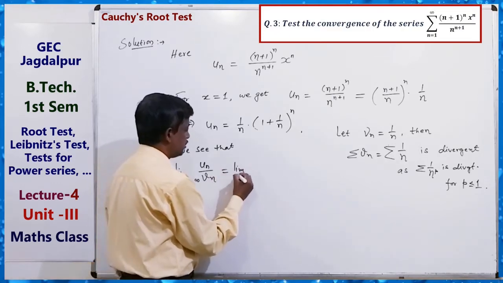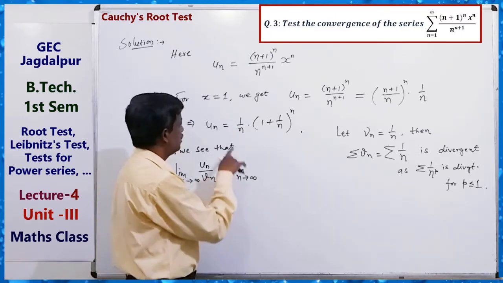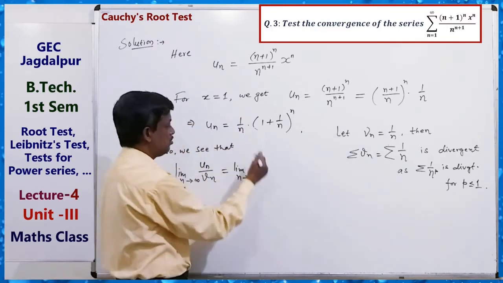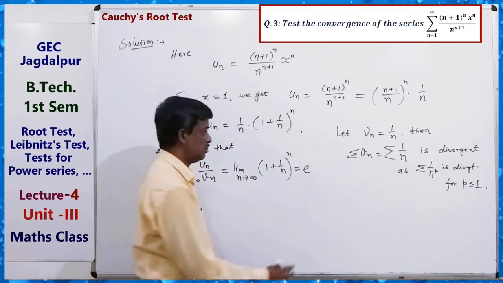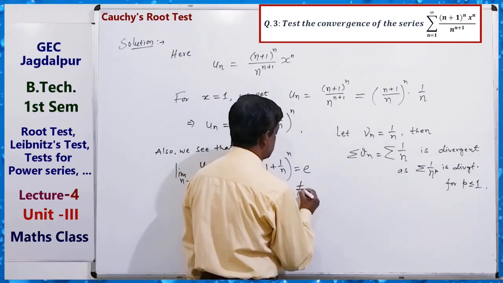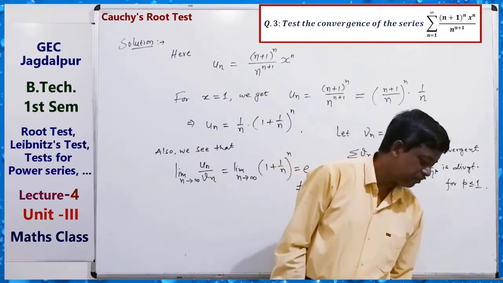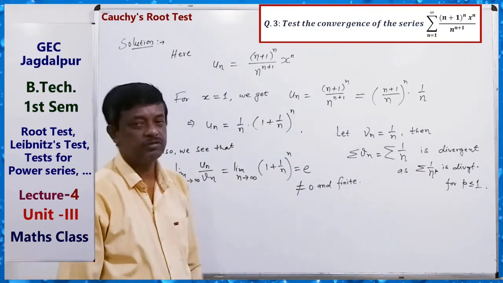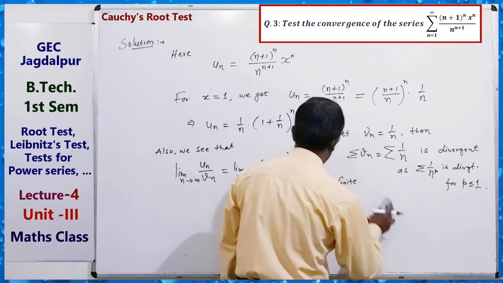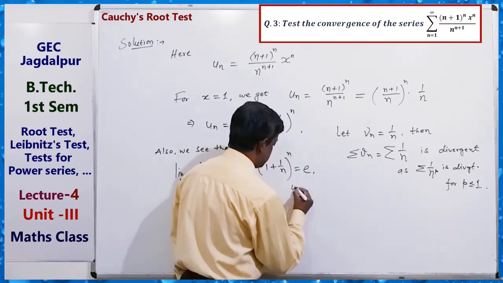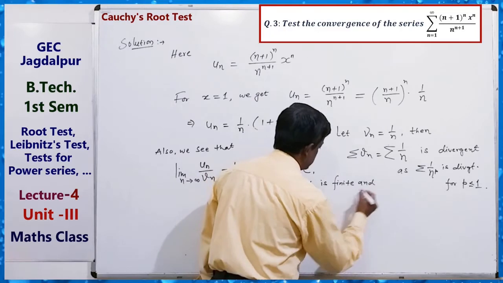So the limit as n tends to infinity of un upon vn: the 1 by n will be cancelled, leaving the limit of 1 plus 1 by n power n, which equals e, which is not equal to 0 and finite. It is finite and non-zero.